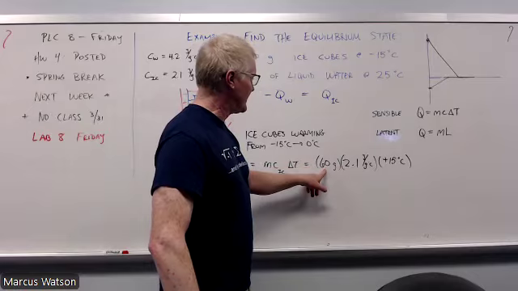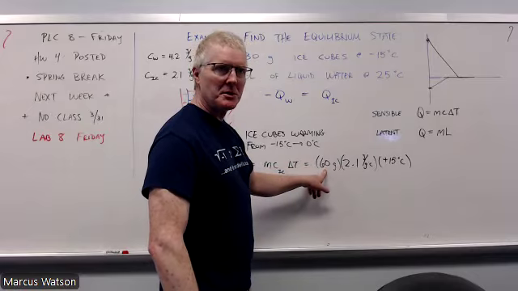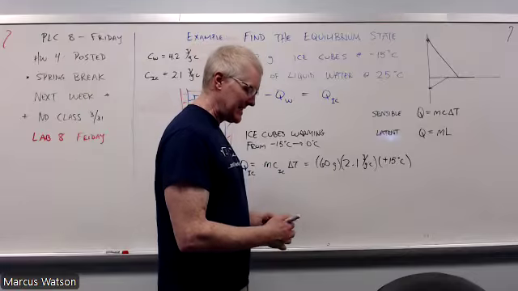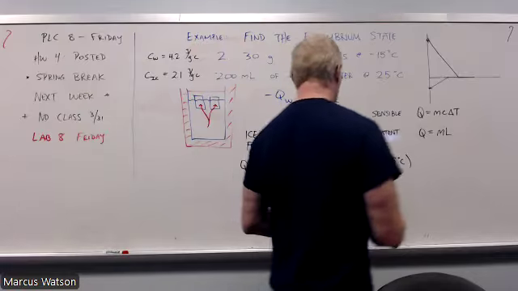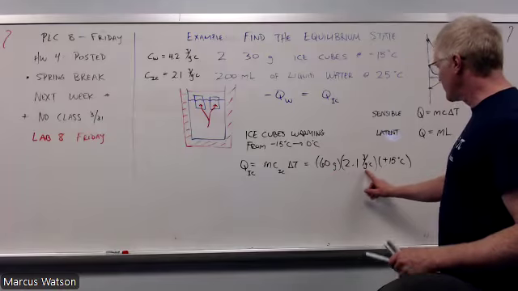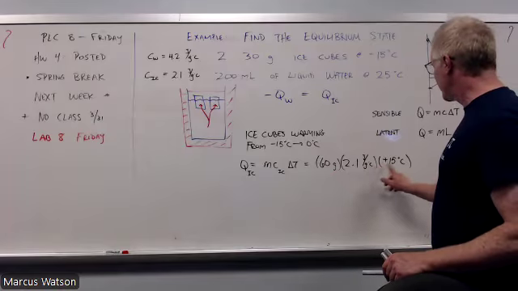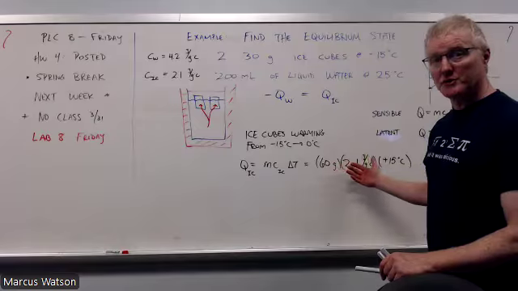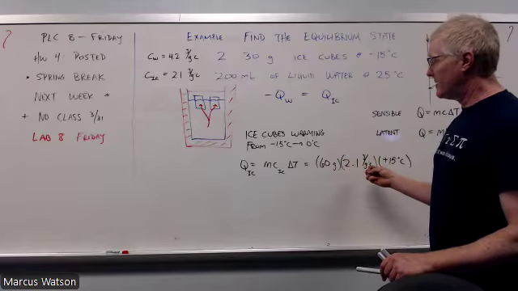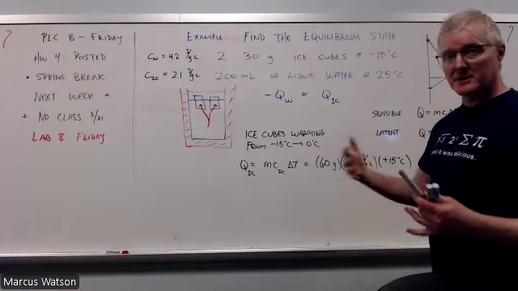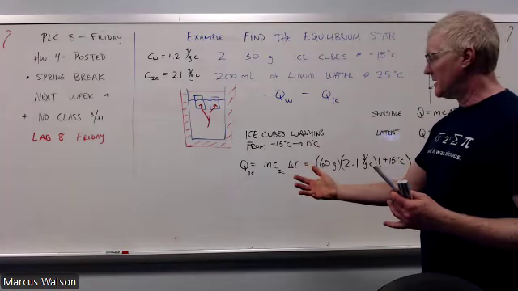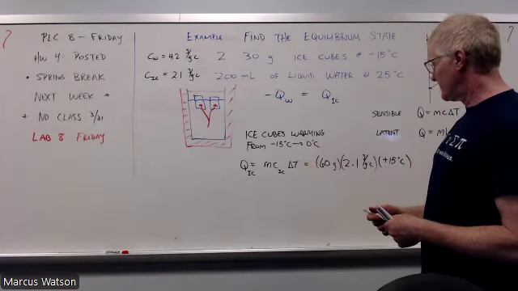So this is going to be 1800 plus 90. And I'm just going to check my units real quick to make sure I'm all good. My grams are going to go away, and my centigrades are going to go away. So I'm going to be left with joules here. And that's great because that's the unit of energy transfer.